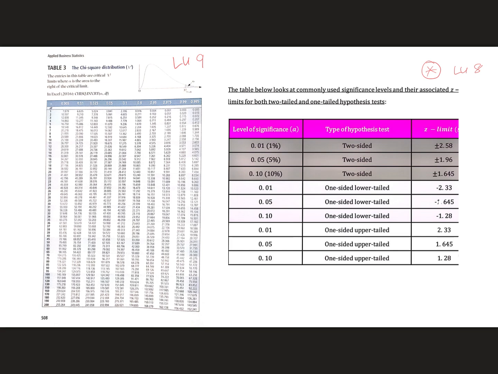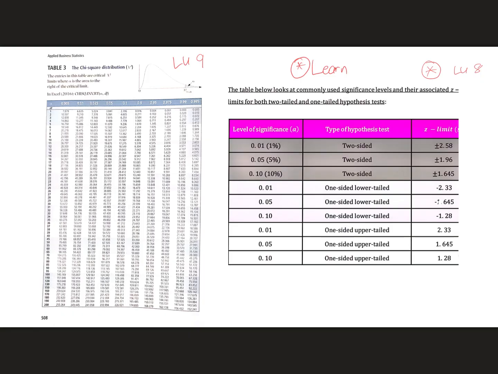If you choose learning unit 8, which is question 8 in your exam, as the option rather than learning unit 9, then you have to learn this table. So I'm going to write this here just so that you know if you are choosing learning unit 8 as one of your options, then you do need to learn the values on this table.